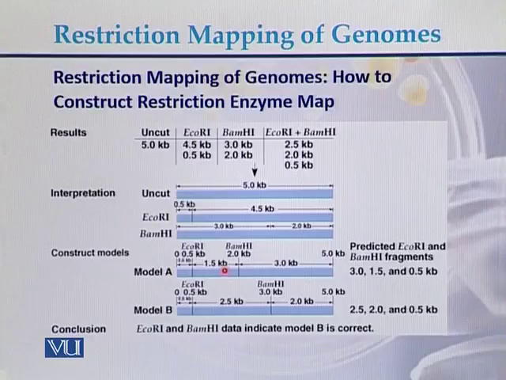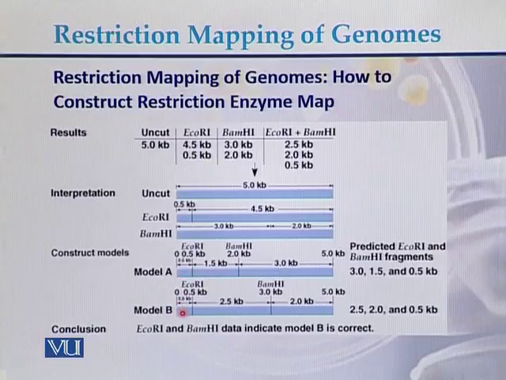So when we look at whether the EcoR1 site is here and the BamH1 site is here, it is not according to the fragments. The fragments will be 3 kb, then 1.5 kb and 0.5 kb.